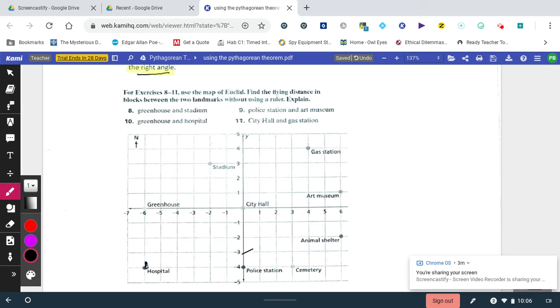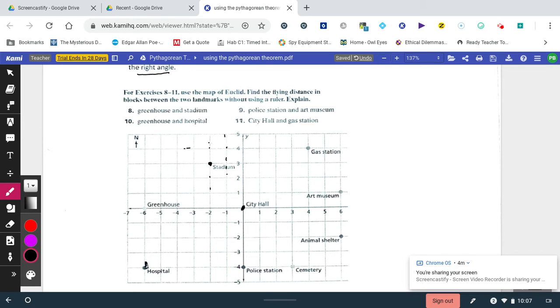And the reason why we're saying flying distance is because, suppose I wanted to go, and this is just hypothetically speaking, from the stadium to the city hall. Now, keep in mind, this is a map of a town. So each of these little black lines that run horizontally and vertically are your roads.